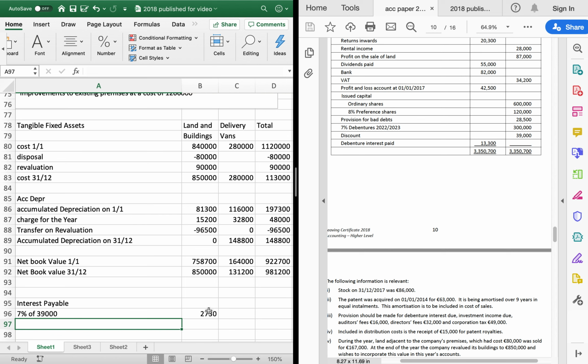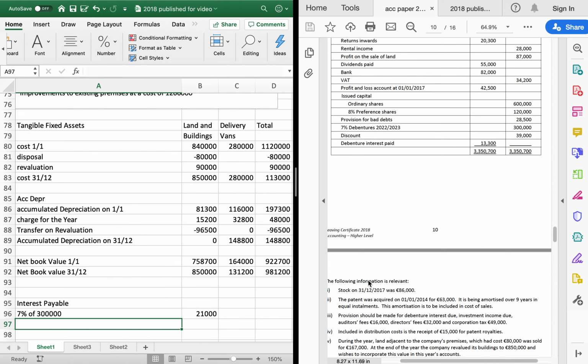So it'd be 21,000. So that's really all you have to do. Or it could be asked on debentures, and you just say that the debentures are repaid in 2022, 2023. Okay, so that's all your workings.